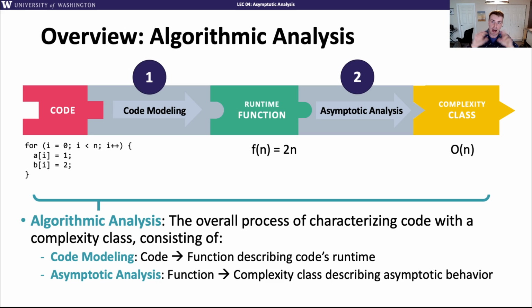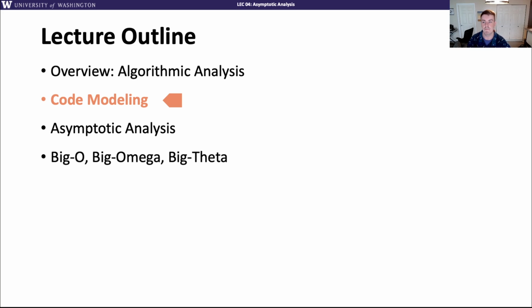And by separating algorithmic analysis into these 2 steps, we now allow it to be more generic. Because now you can model anything about your code, maybe how much memory it uses or how much energy it uses, and come up with a big O bound for those because we've separated the concerns. We'll come back to examples and defining what these actually look like and how to do them in the remaining videos for today.